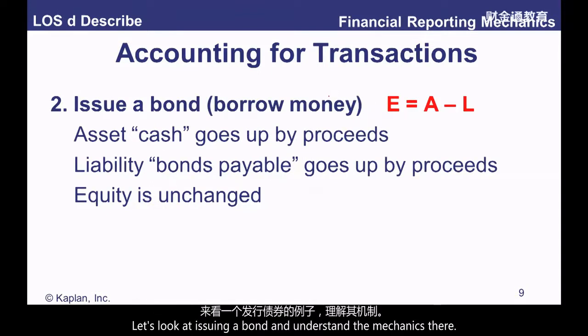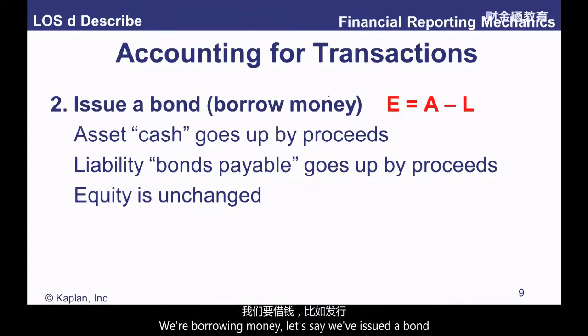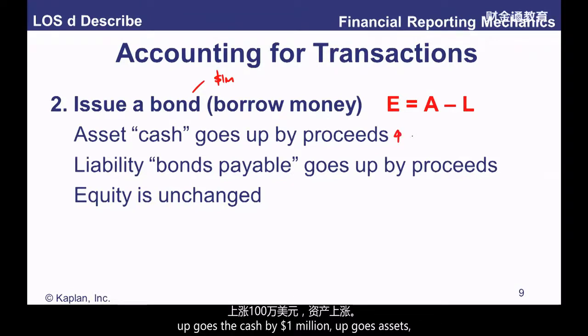Let's have a look at issuing a bond and try and understand the mechanics there. So essentially we're borrowing money. Let's say we've issued a bond for $1 million. Now when we issue that, of course, our cash is going to go up. So up goes the cash by $1 million. Up go assets.